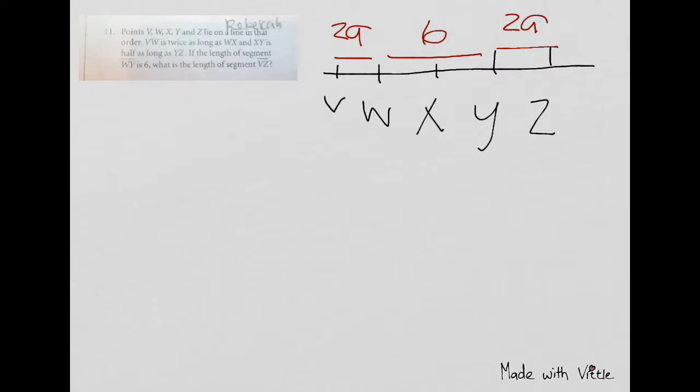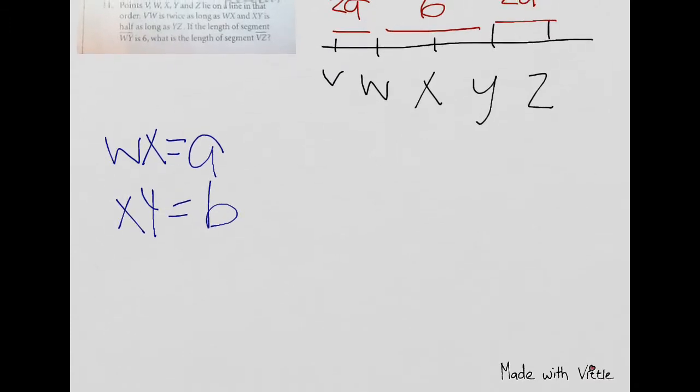Now that we know all of this, to make things easier, and we can write an equation to solve the problem, let's label WX as A and XY as B. This makes things easier because now we can write the information into an equation to help us find the answer more easily. So our equation would look something like this.